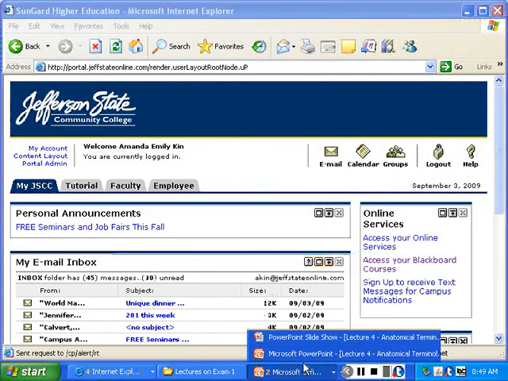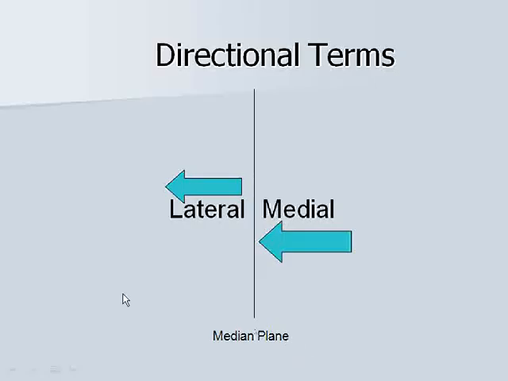Just because you're not physically cut in half doesn't mean you can't reference that invisible line. Okay? Lateral and medial. Medial means a structure is closer to that median plane. Lateral means a structure is farther away from that median plane or middle of your body.